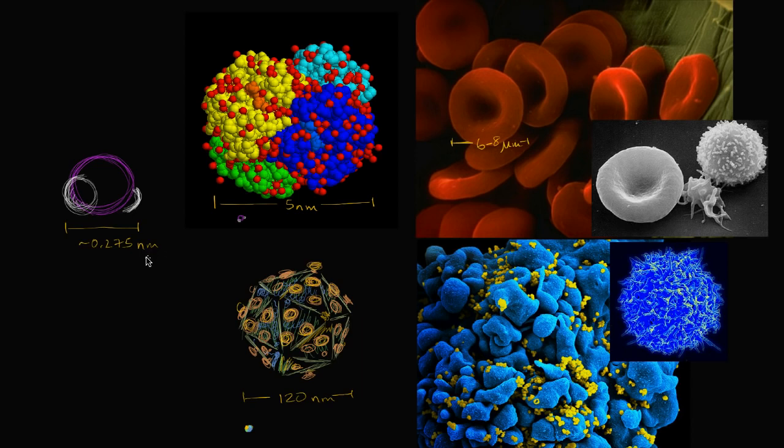And just to remind ourselves, a nanometer is a billionth of a meter. That's a nanometer. And if you want to even attempt to visualize that, that would be a millionth of a millimeter.